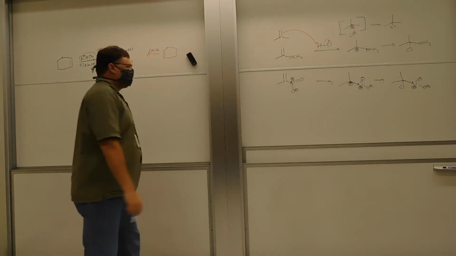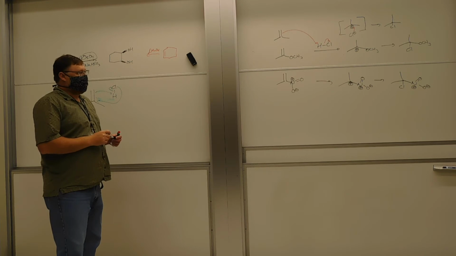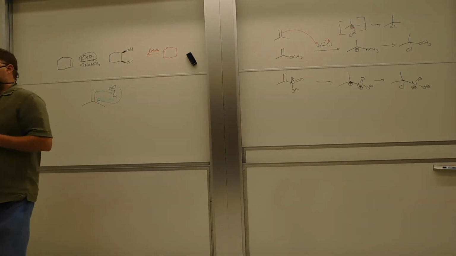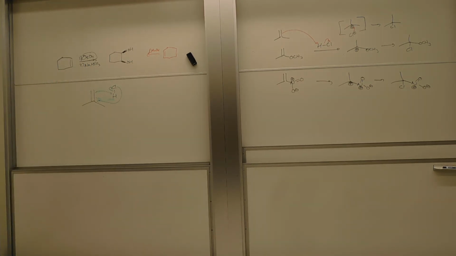All right, so those would be your products. Now that I've drawn out the intermediates, take a look at what you thought would happen with the reaction rates, which one was fastest, which one was slowest, and see if you're still happy with that.